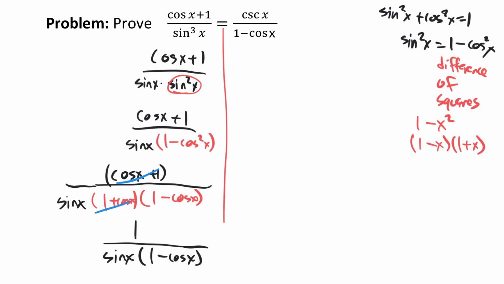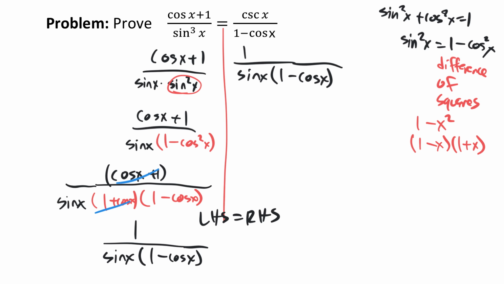Over on that right side, cosecant is the same as 1 over sine x. And so we can kind of just sneak that into the denominator. And there you have it. Left-hand side equals right-hand side. Again, this is maybe a bit of a new technique. If you have a sine cubed, you can break off one of the sines so you have your sine squared, and then you can use your identity like normal.